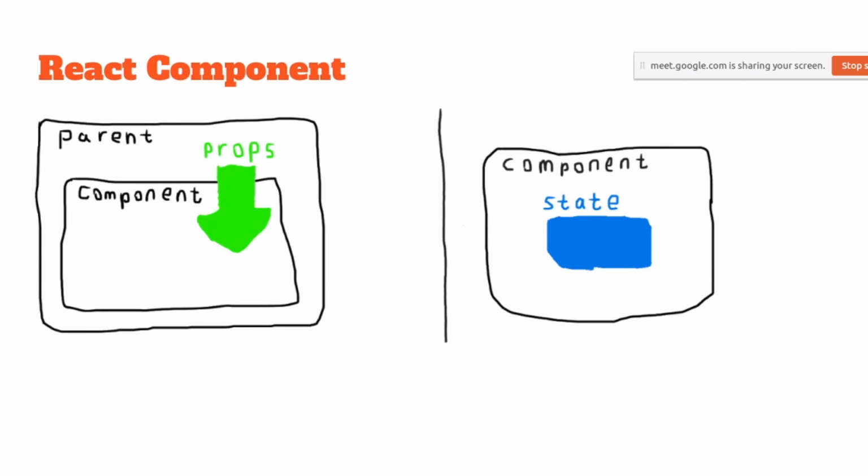Let's look at some concepts of React. Now, one of the concepts of React is what we call a state. Basically, within a component, you have a state, and this is managed within your component. Now, suppose you want to pass data into another component, what you have to do is use what we call the props.